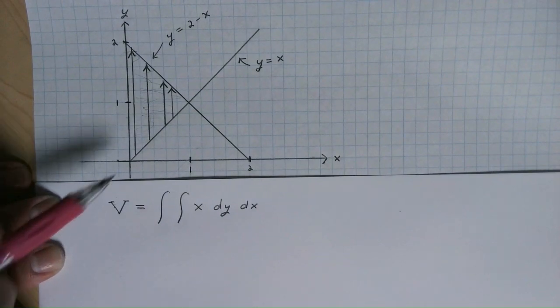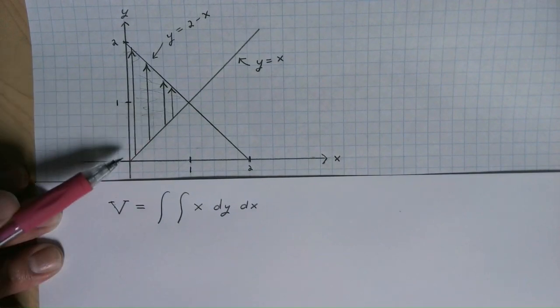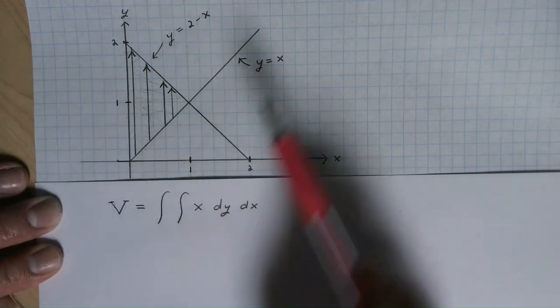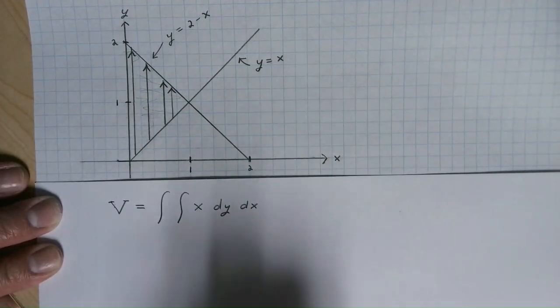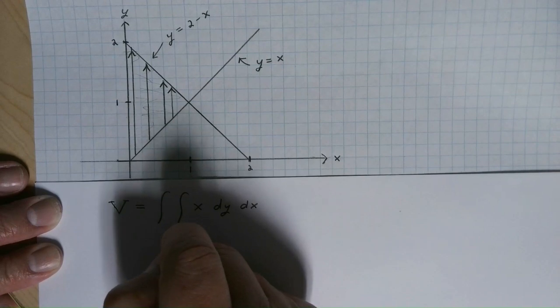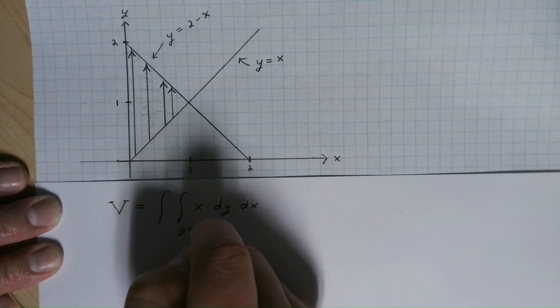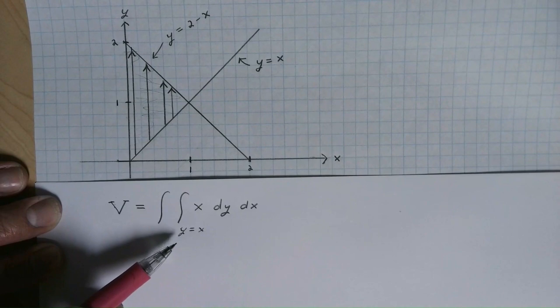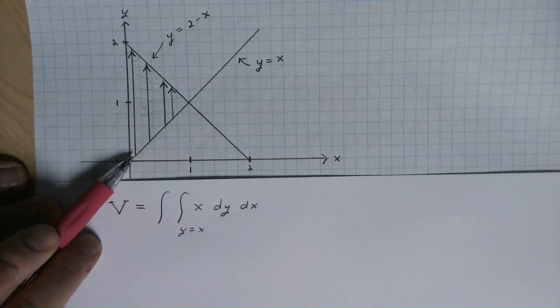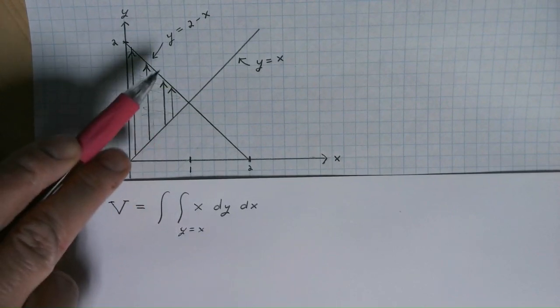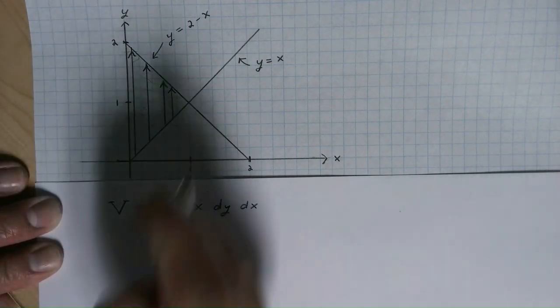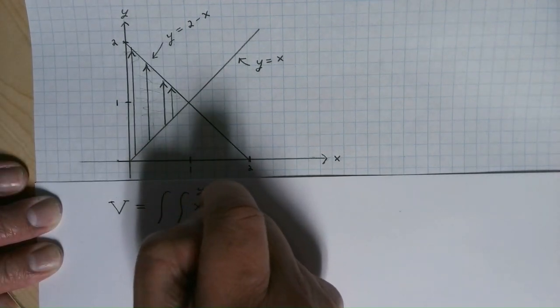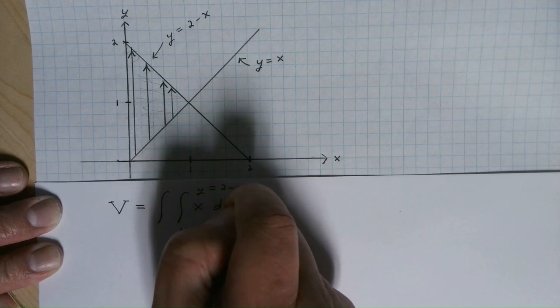And again, if you look down here, where do the arrows start? They start on the line y equals x. So we can write this up here. The lower bound is where the arrows start, and the upper bound is where the arrows end. And they end at y equals 2 minus x.